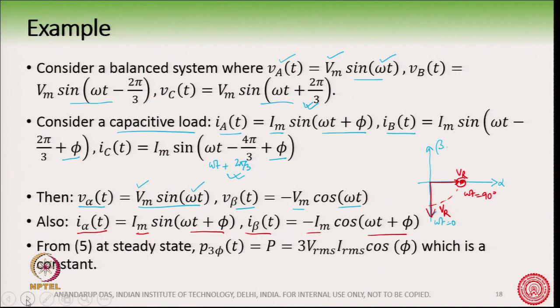What do I get? If you can do this yourself, substitute these values and solve it, you will see that P 3 phase is equal to 3 V RMS I RMS cos phi, which is equal to the conventional power.